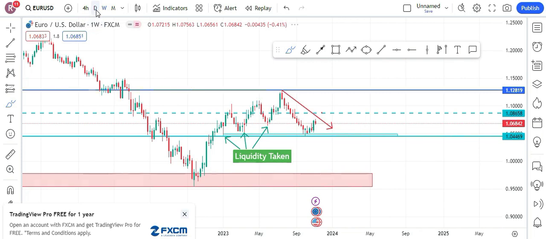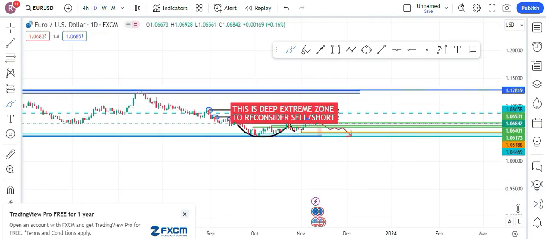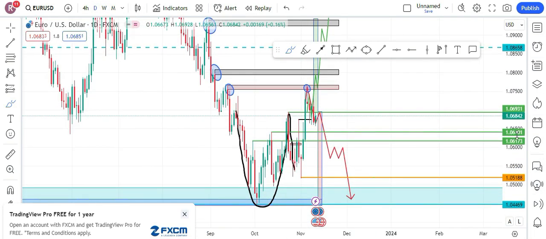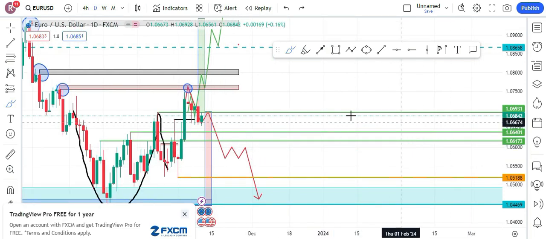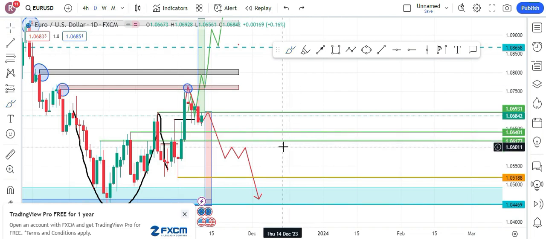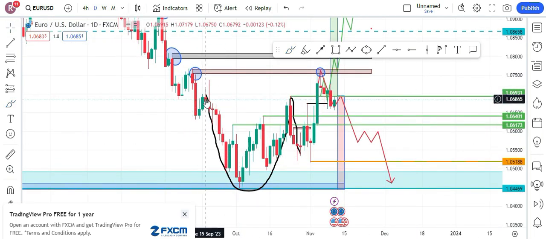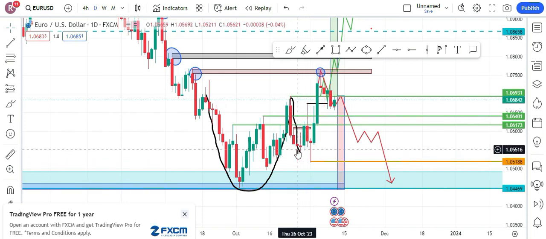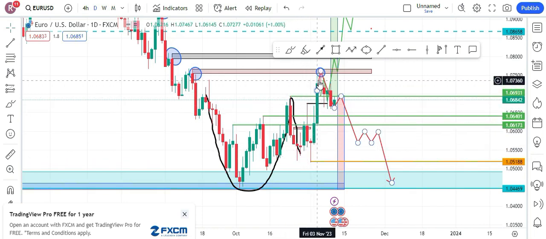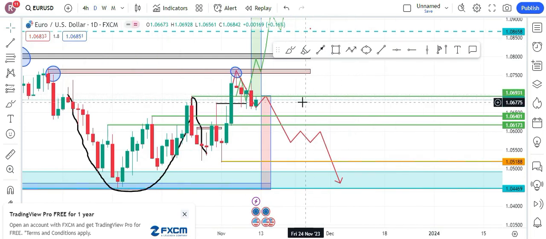Coming back to today now. Here we can see that as per the last week analysis, I told very clearly that this cup and handle formation has been made and liquidity has been taken. It has been pushed here up to this point.